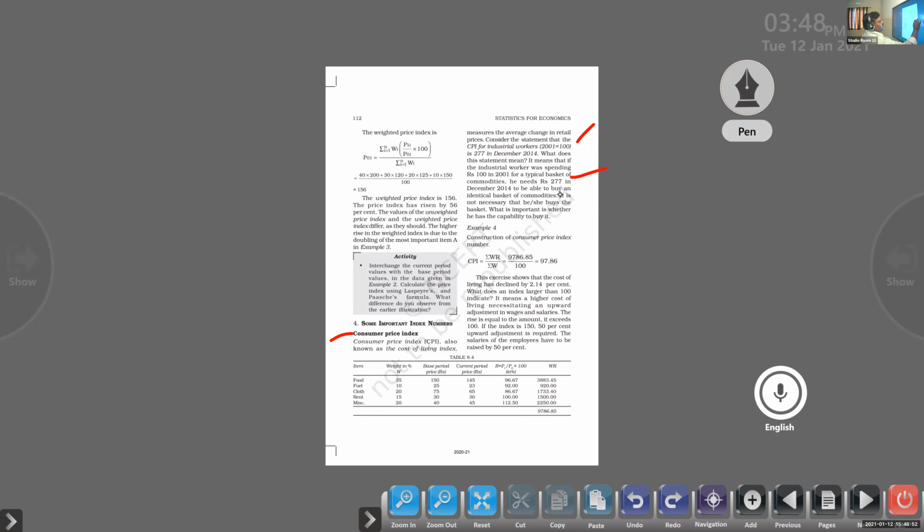For example, think about 10 kilograms of rice, 1 kilogram of dal, other pulses altogether 1.5 kilograms, sugar 1 kilogram, salt 1 kilogram, tea powder or coffee powder maybe 100 grams, edible oil 1 liter, this kind of products.